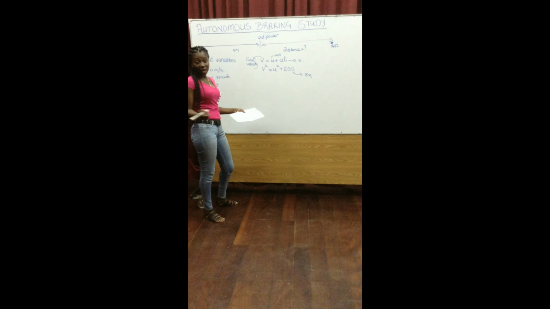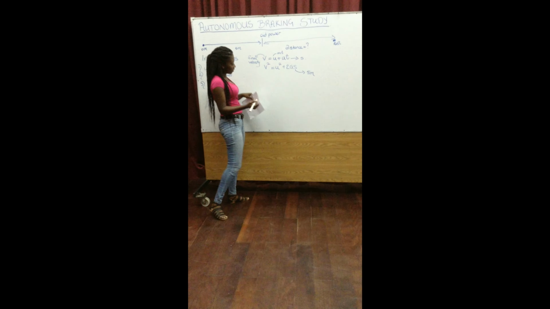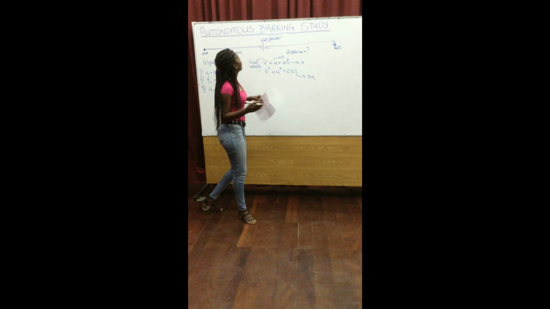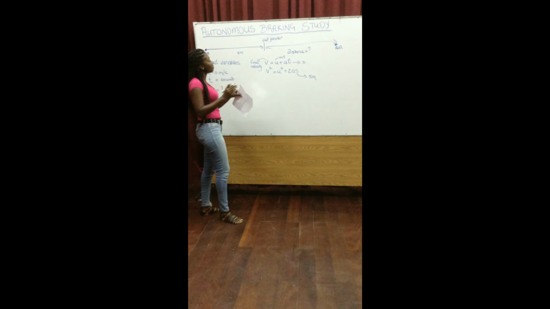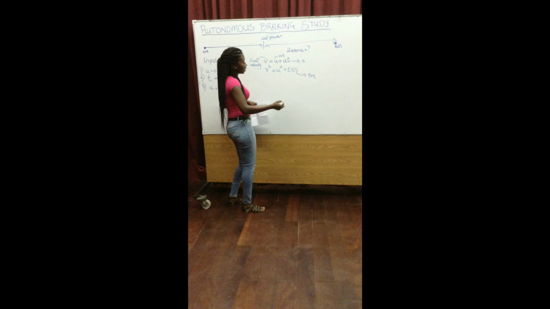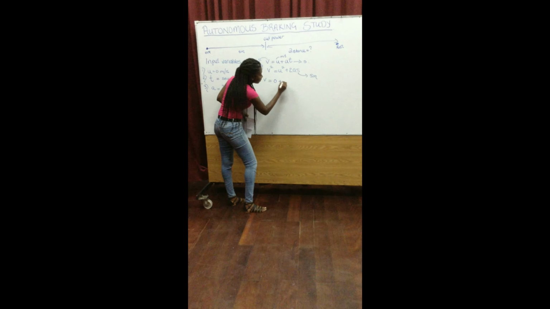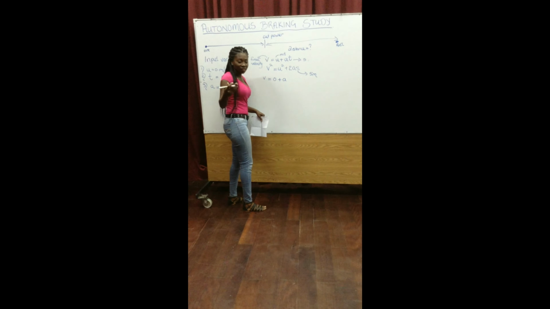Now, for example, let's say we run the test and we discover that the car takes 3 seconds to cover the 5 meter mark. So basically it will be this. V is equal to 0 plus a by the 3 seconds.